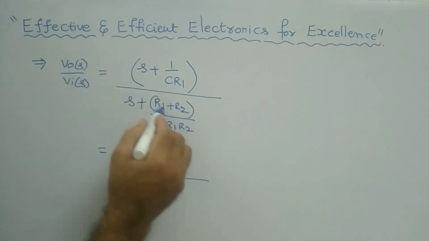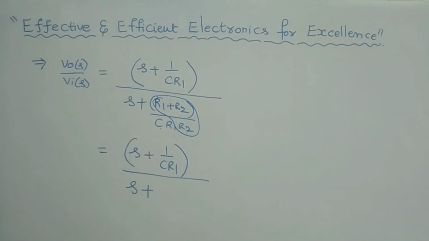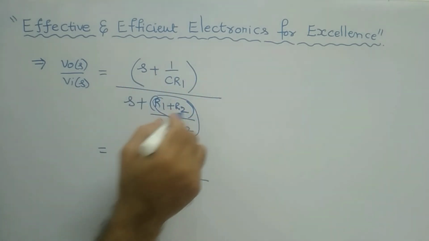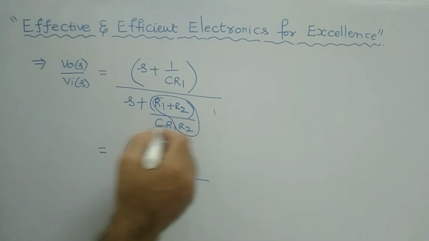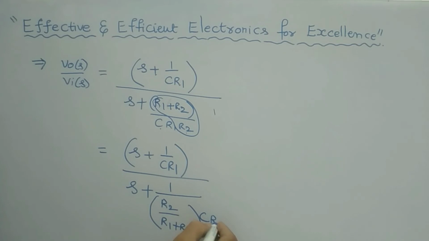R1 plus R2 by R2, this particular portion, you consider that, and it is 1 by CR1. Means that what I can write, I can write like this, 1 by R2 by R1 plus R2 into C into R1. Can I write like that?